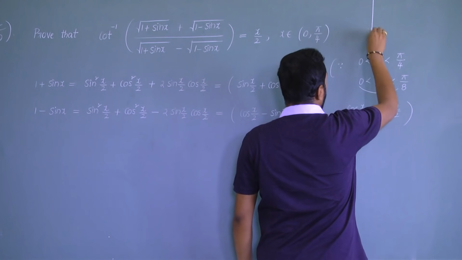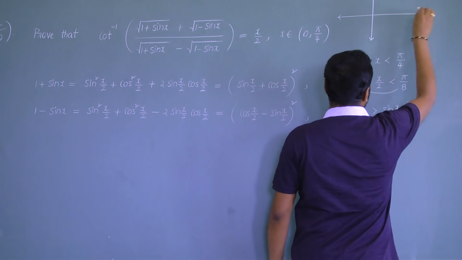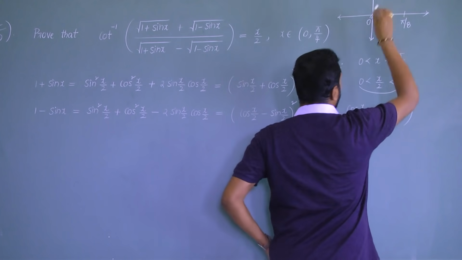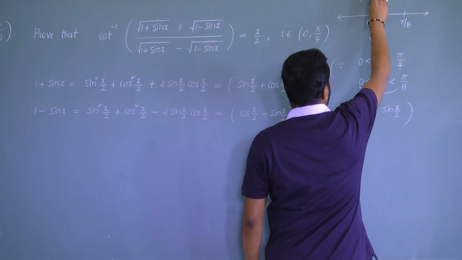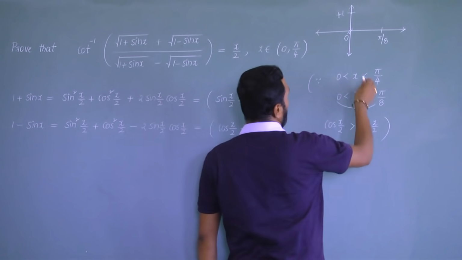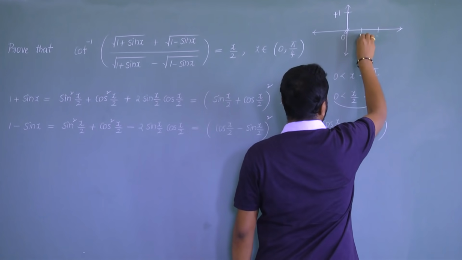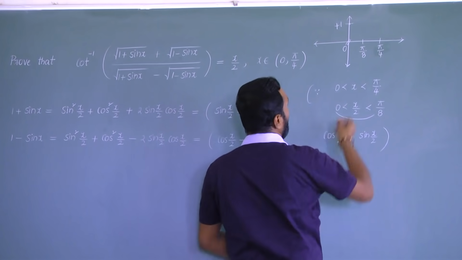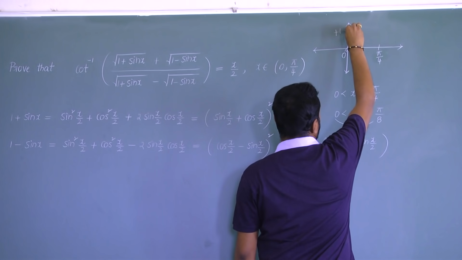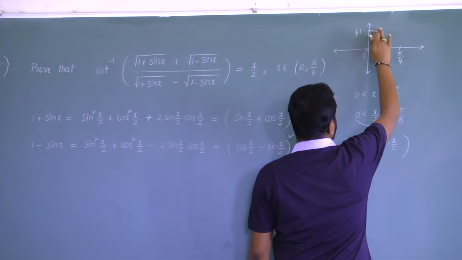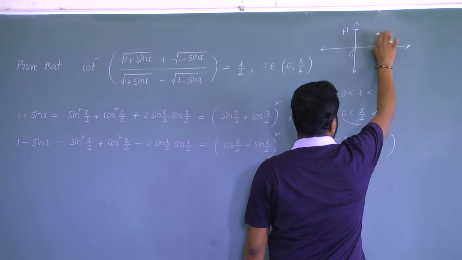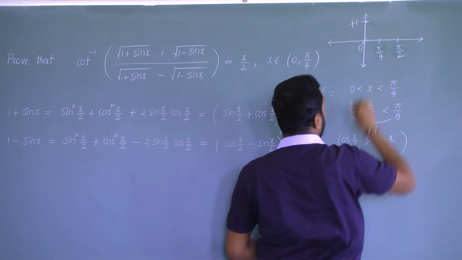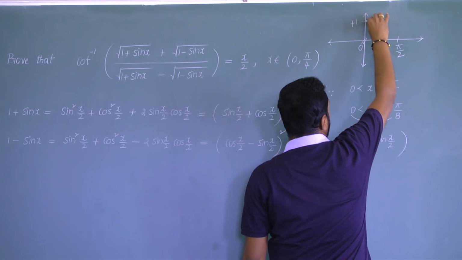Just for your understanding, let us assume 0 to pi by 8, it is plus 1. Cos 0 is 1, and cos pi by 8 will be something around root 2 minus 1, like this. Now let us assume 0 to pi by 2. Cos 0 is 1, cos 90 is 0.